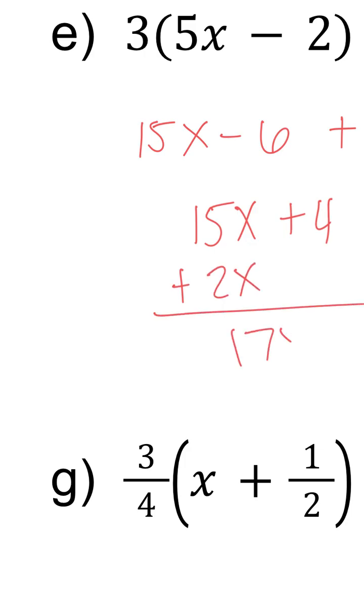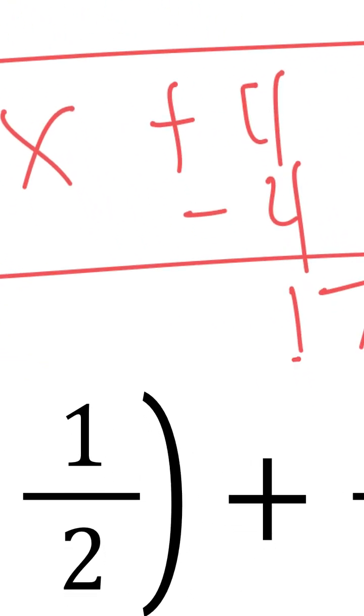So I have 17x plus 4 equals 20. And then you subtract the 4. Right. So I have 17x equals what? 16. Right, 16. And how do I get that x by itself? Divide by 17. Good. So I have x equals 16 over 17.